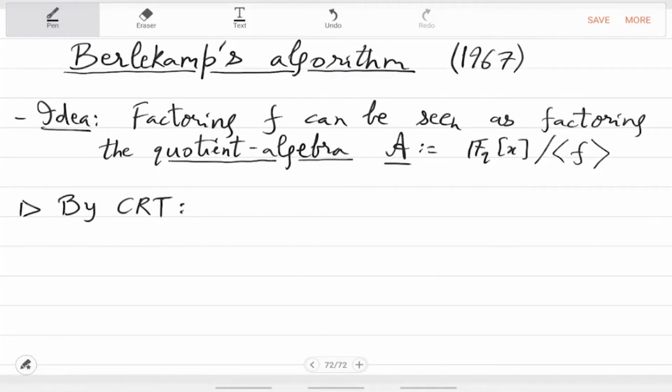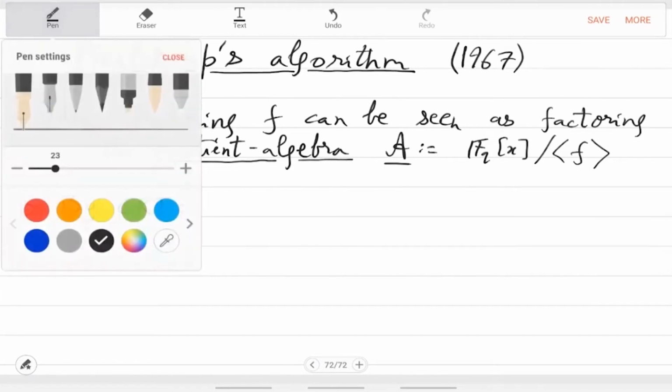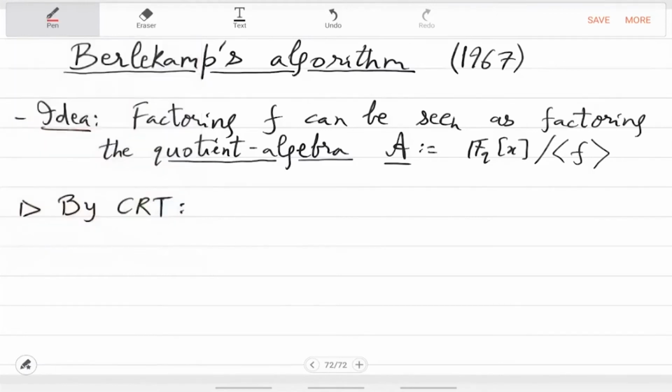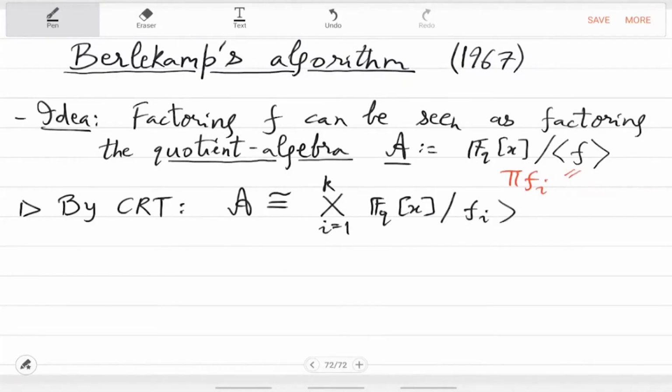By the Chinese remaindering theorem, and remember we are assuming that blue assumption, which is that f is a product of the fi's, the quotient algebra factorizes as a direct product of Fq[x] mod fi.